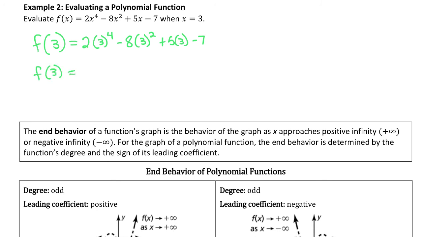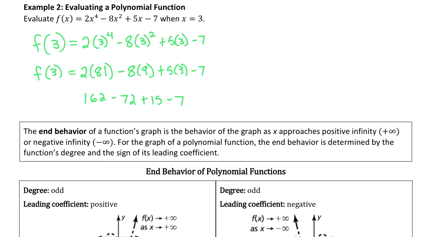So I'm going to evaluate all the powers first. So 3 to the 4th power is 81, minus 8 times 3 squared, which is 9, plus 5 times 3, minus 7. Okay, so I took care of all the powers first, all the exponents. And then past that, 2 times 81 is 162. 8 times 9 is 72. 5 times 3 is 15.